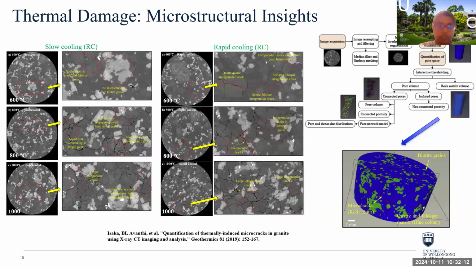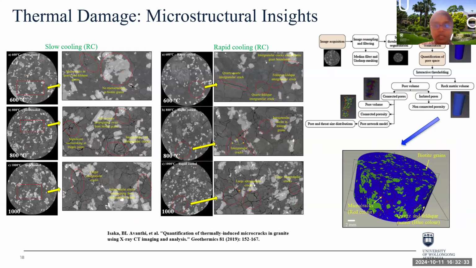Here you can see some of the selected high resolution 2D CT images showcasing thermal damage associated with slow cooling and here rapid cooling. And this is the algorithm we use to post-process CT data for quantitative analysis.